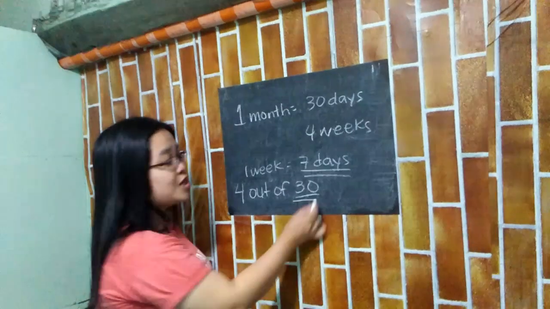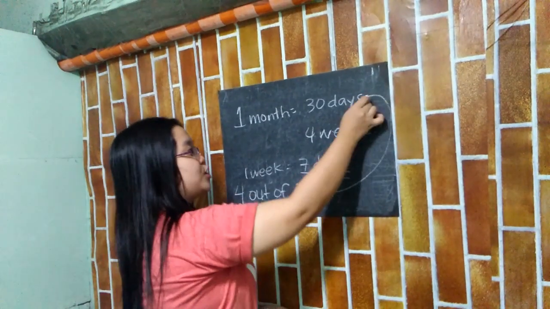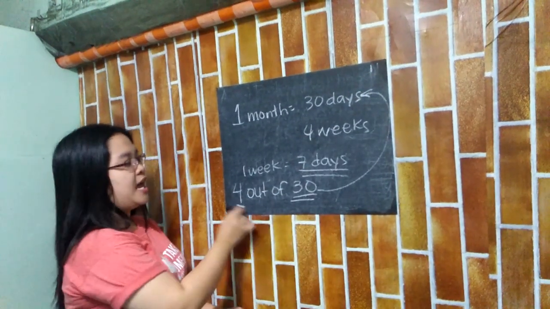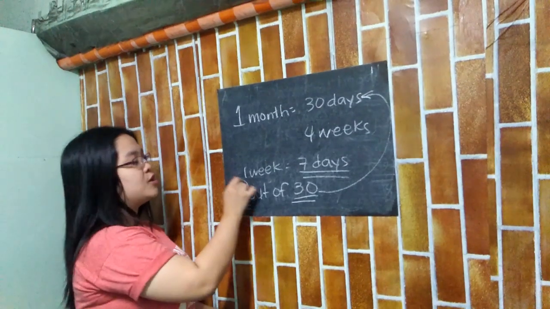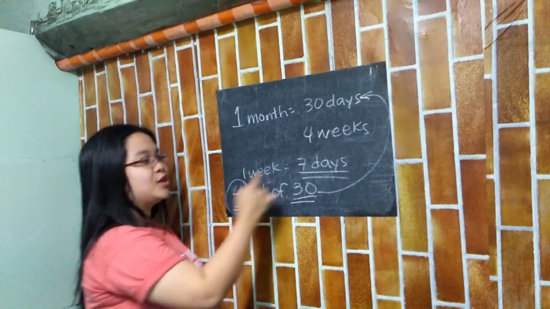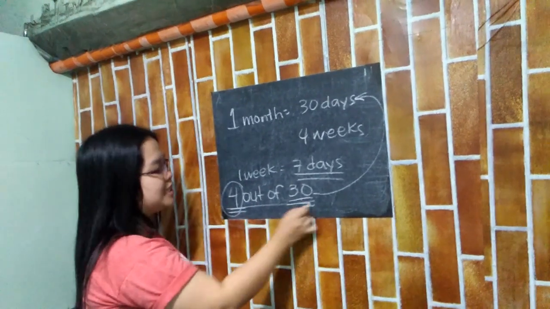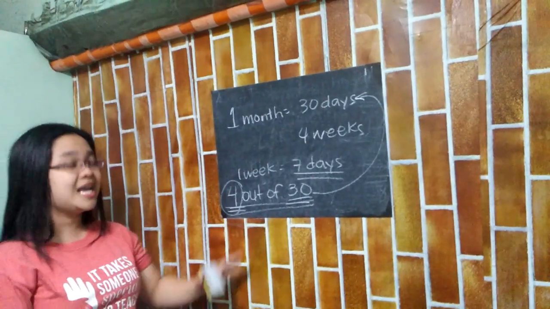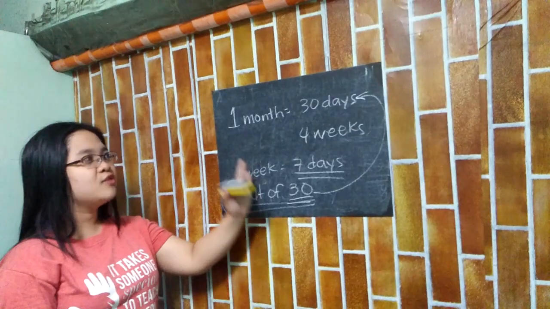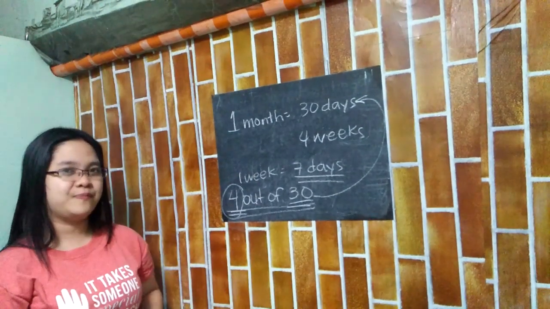Where did I get this 30? Because we have 30 days in 1 month. And where did I get this 4? Because there are only 4 Mondays on these 30 given days. So this one is what we call the chances in numbers on how this event will happen.